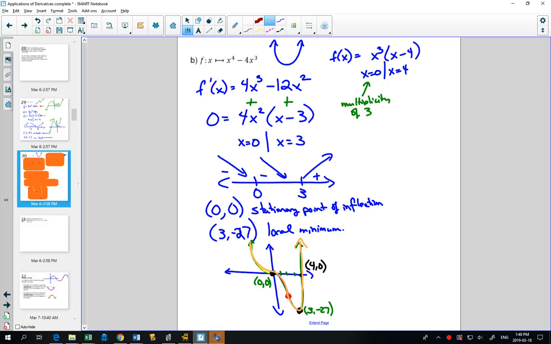And one of the nice things about using your inflection points, especially at this one right here, is you're going to set something up that can show that there was a stationary point of inflection at that point. So basically, with inflection points, we've got all the tools we need to graph anything really, really well.